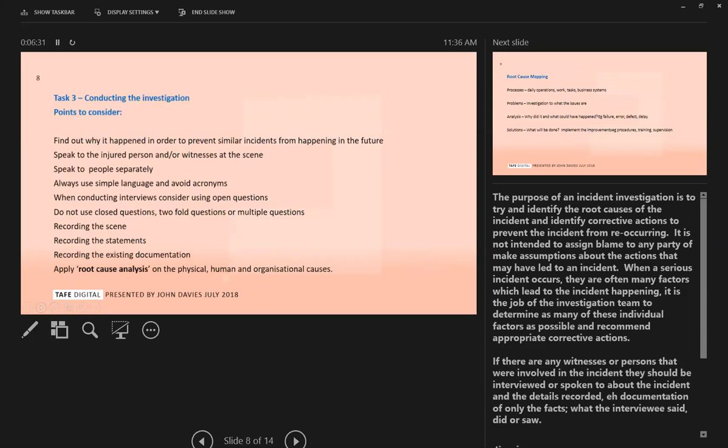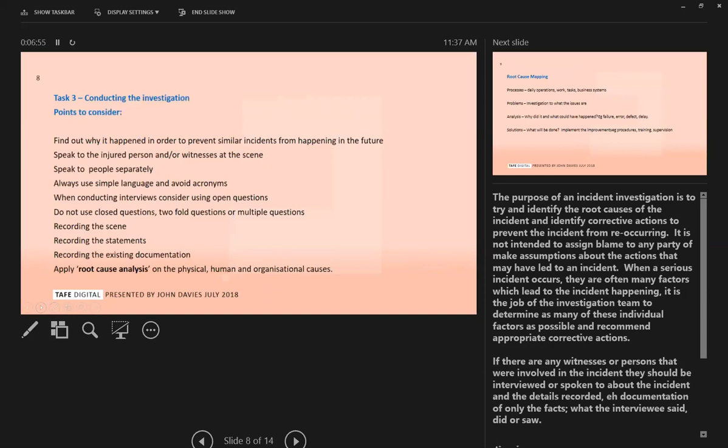It is the job of the investigation team to determine as many of these individual factors as possible and recommend appropriate corrective actions. If there are any witnesses or persons that were involved in the incident, they should be interviewed or spoken to about the incident and the details recorded, documenting only the facts: what the interviewees said, did or saw.